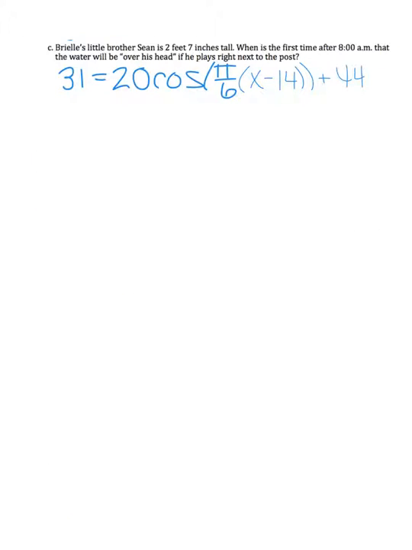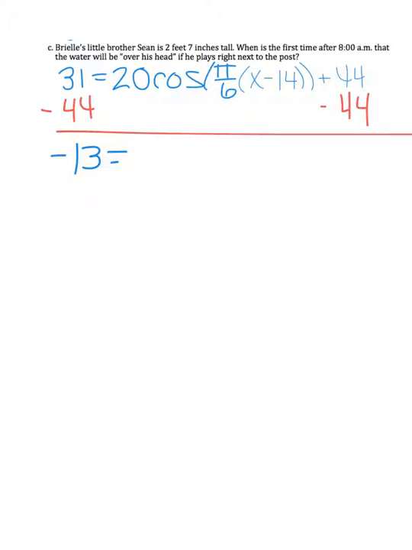And then after we do that, we want to work towards solving. So the first thing that we're going to do is subtract 44 from each side. And then we're going to have to divide by 20.